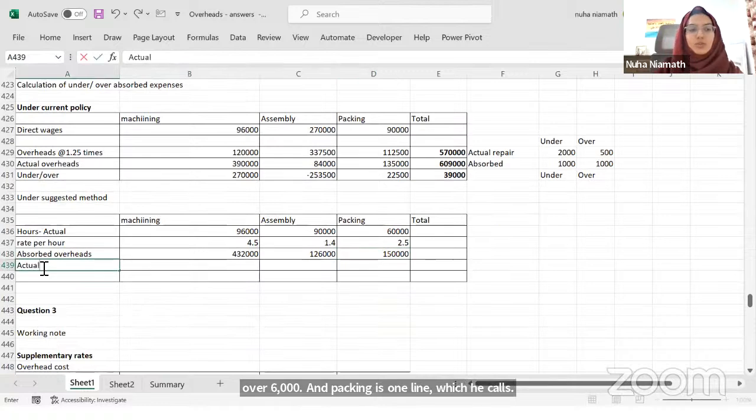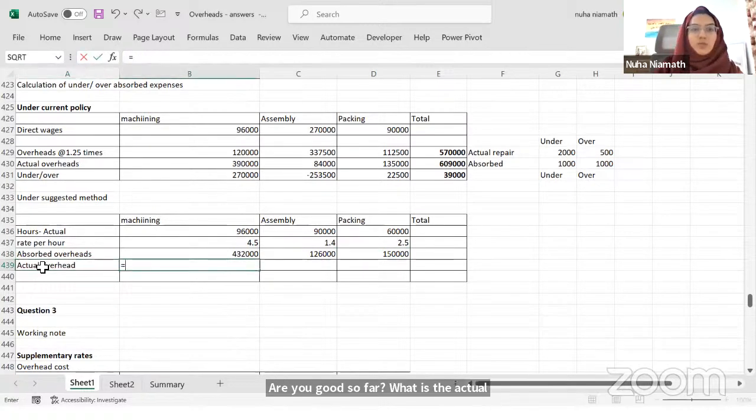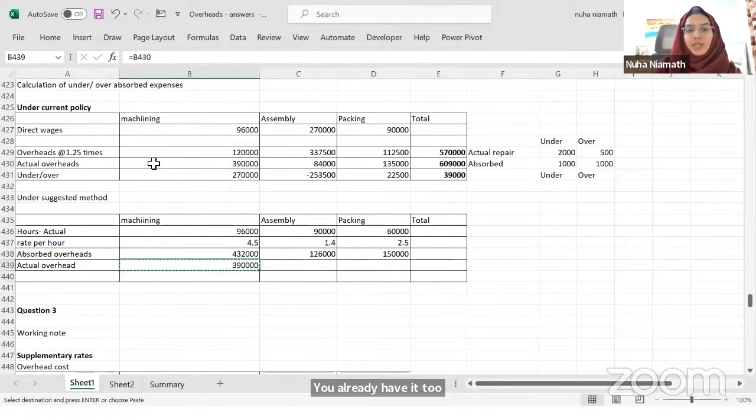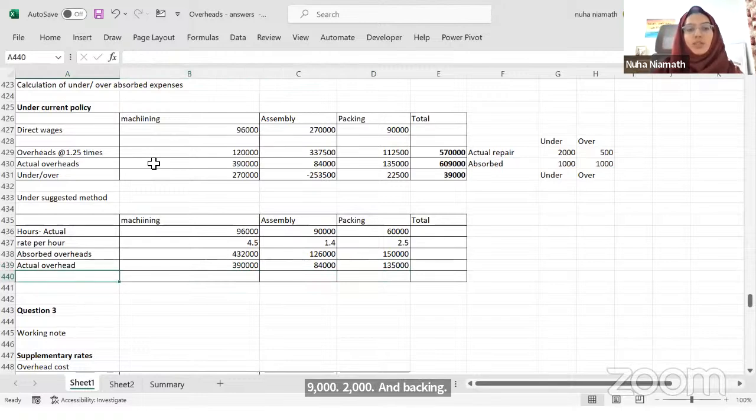What is the actuals? You already have it here. 3,90,000, 84,000 and packing. Okay. So let's calculate under and over absorption.